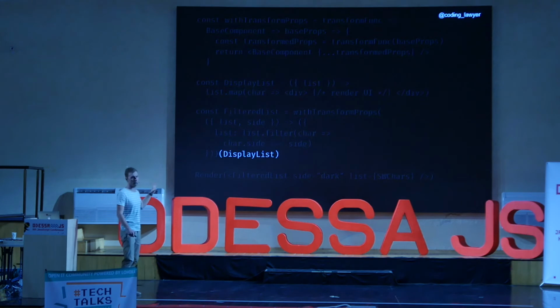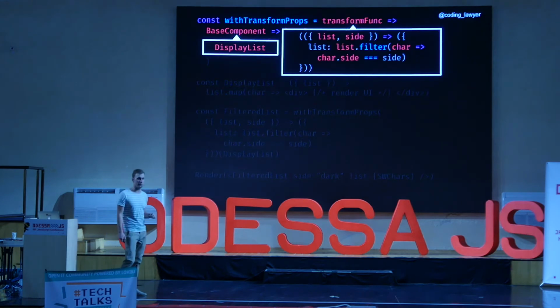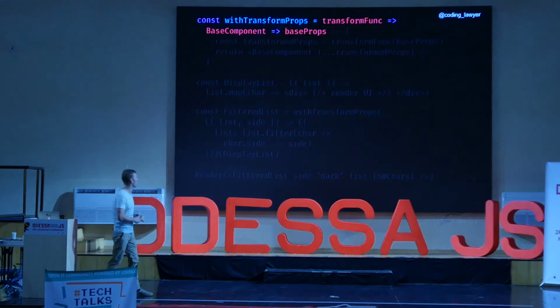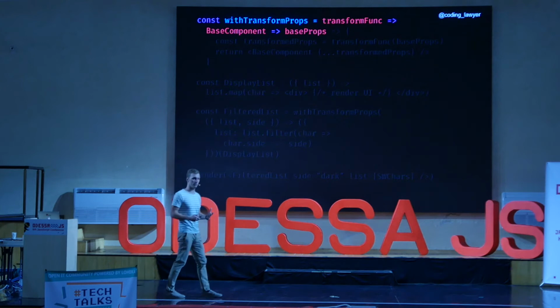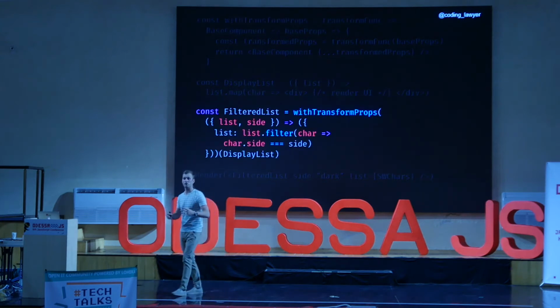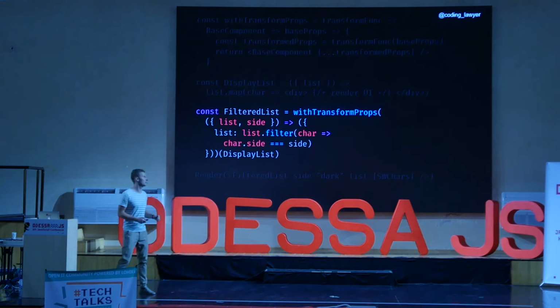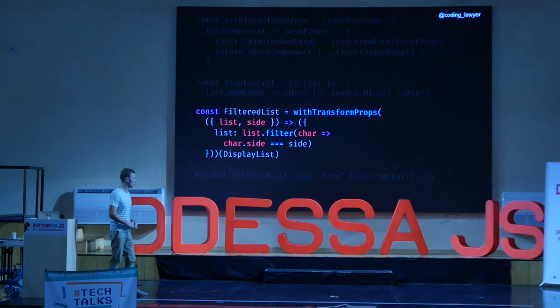So now we pass our displayList as before. Now we have the configuration function and displayList inside the closure, and we get back a component waiting for the props. And we store this component as filteredList. So filteredList is our displayList component enhanced by withTransformProps logic. It's waiting for the props.